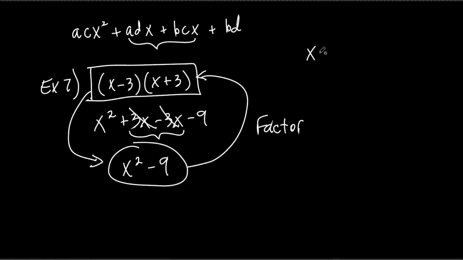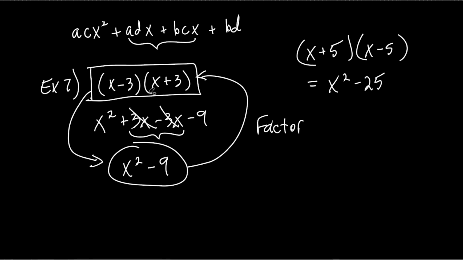So for instance, what if I gave you x plus 5 times x minus 5? I will give you 5 seconds to figure this out. Ready? Go. 1, 2, 3, 4. Very good. You got it. It's just going to be x squared minus 25.